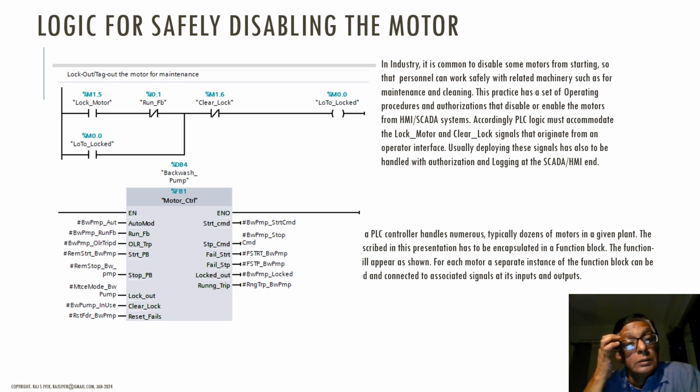All these are the inputs and you have the corresponding outputs. So once you make a function block like this, you may have 100 motors, 300 motors in a plant. The same function block can be deployed again and again by tying out. Of course, that is another thing. It's common practice these days. Nobody does copy and paste and things like that.